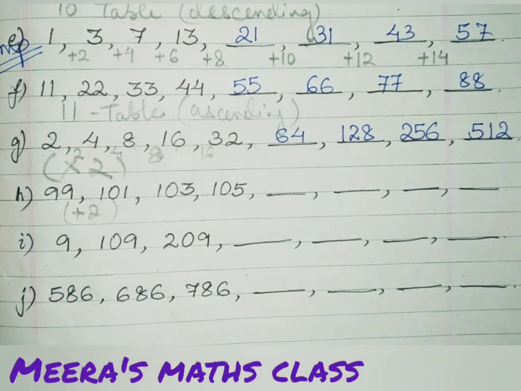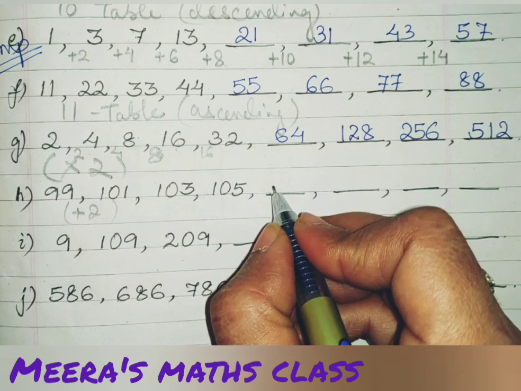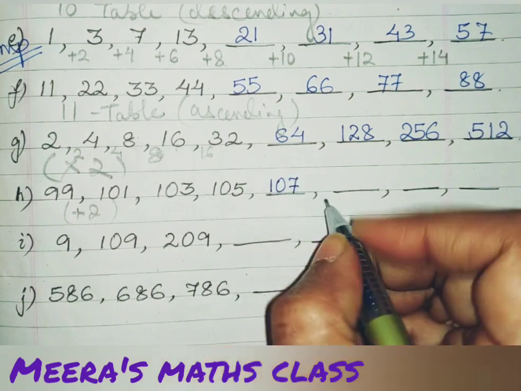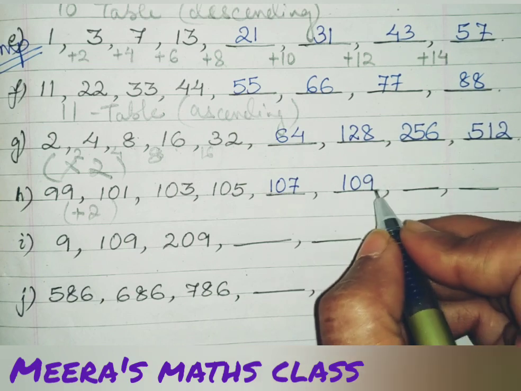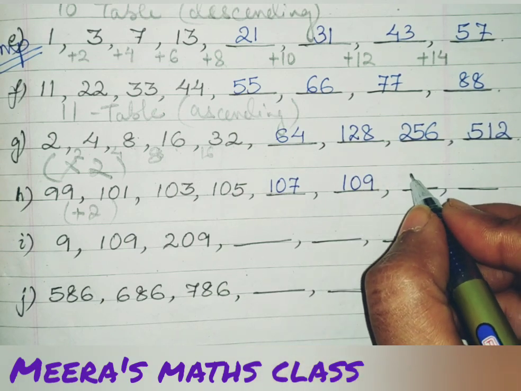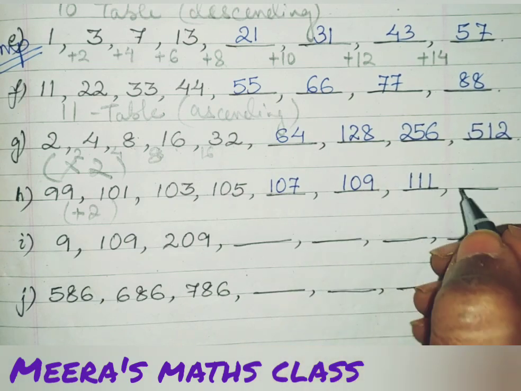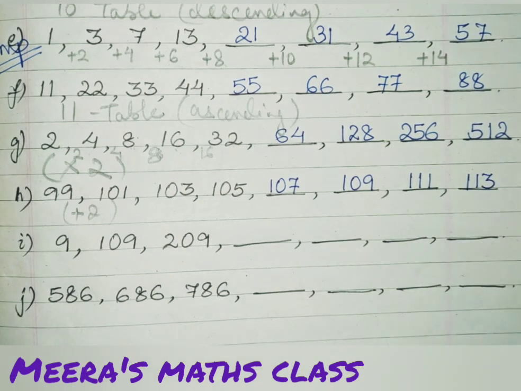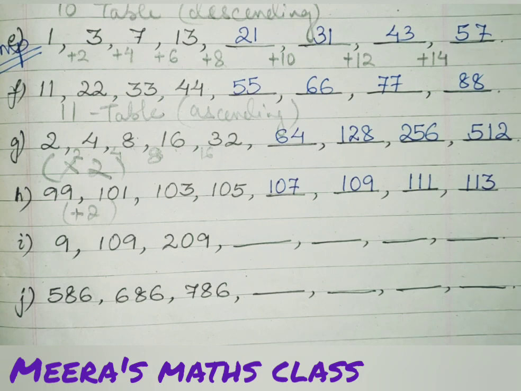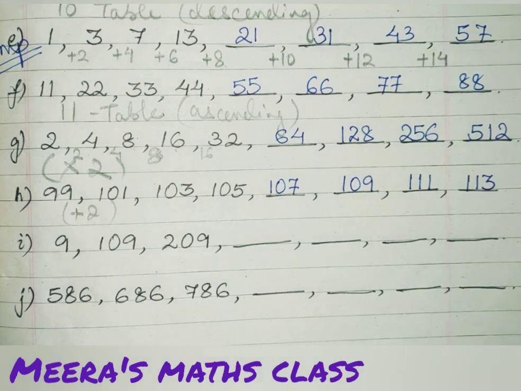Then 105 plus 2, 107. 107 plus 2, 109. 109 plus 2, 111. 111 plus 2, 113. So this is the pattern of H number.